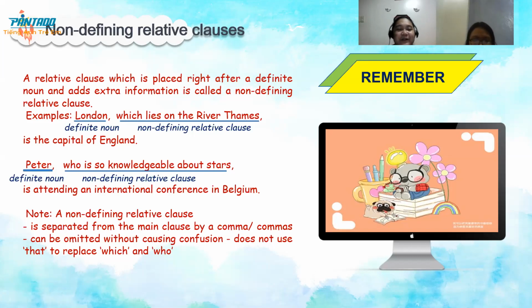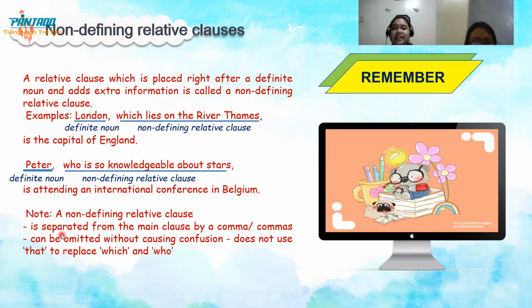Note, a non-defining relative clause is separated from the main clause by a comma or commas. After the definite noun we have a comma, and after the non-defining relative clause we put a comma again, just like in the second example: Peter, comma, who is so knowledgeable about stars, comma.